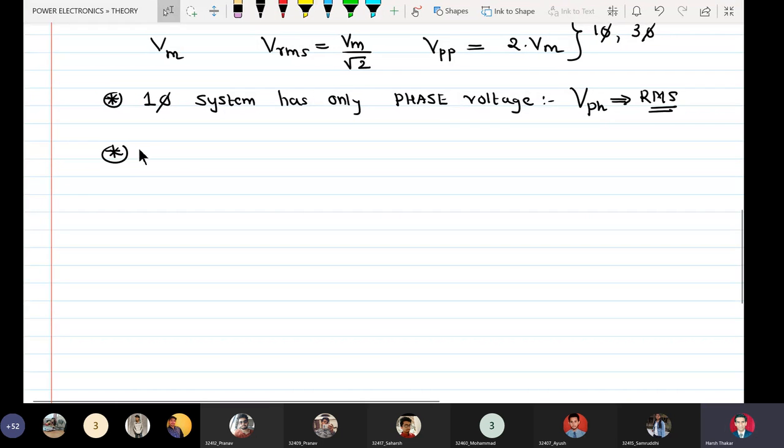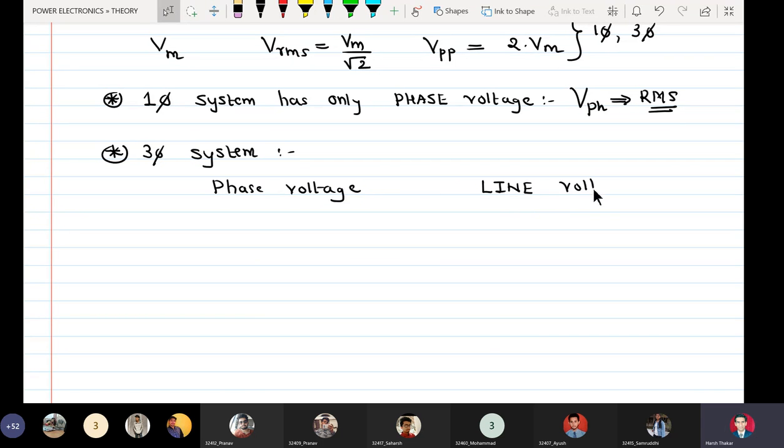Third important thing is that in a three phase system we have phase voltage as well as line voltage. This is V phase and this is V line.